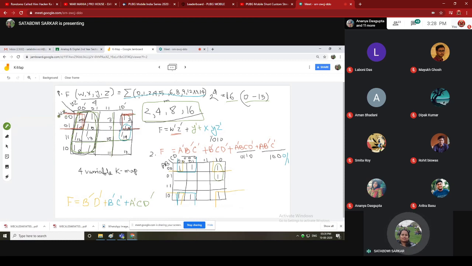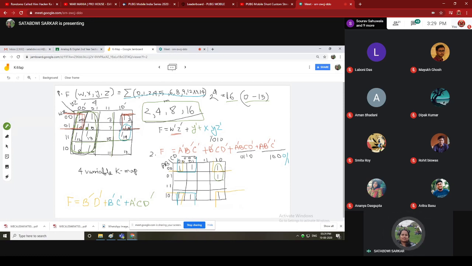But see here, with the red ink, I have shown that if we fold our page, these 2 cells come together. So 2 and 6, and here M0 and M4 come together.